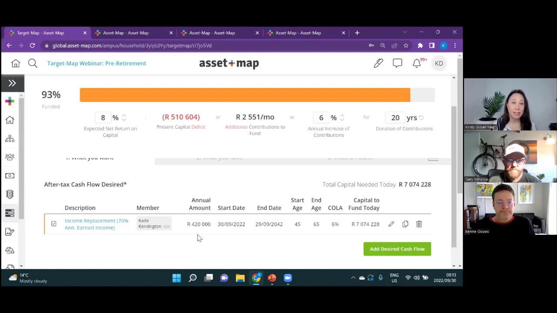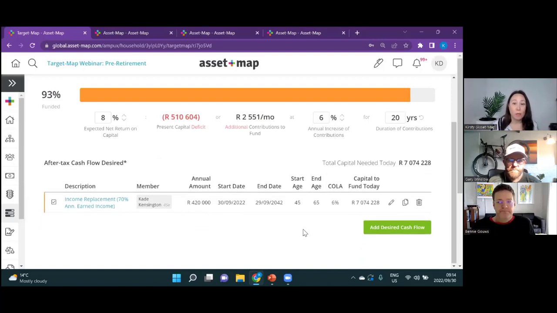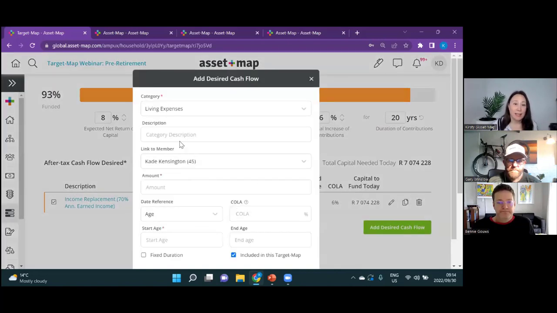So one thing to consider in this client's example, we know that this client needs to contribute 90,000 per year. We saw how important that was in the retirement plan. We need to be able to ensure that in the event of disability, that this 420,000 can also cover both the income needs of the client as well as the 90,000 contributions to retirement. We could also add it as a desired cash flow to say, in addition to protecting your income, we also need to protect your retirement fund contributions.